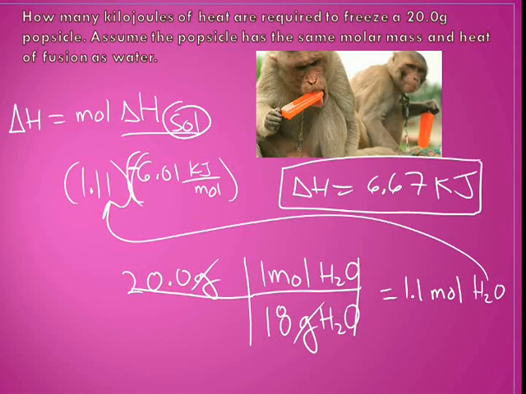We have to be aware of whether we're solidifying or fusing something. It's the same value but opposite sign. So really what we did was take that much heat away. So we have negative 6.67 kilojoules. That's how much heat was removed from that liquid in order for it to freeze into a delicious, tasty popsicle.